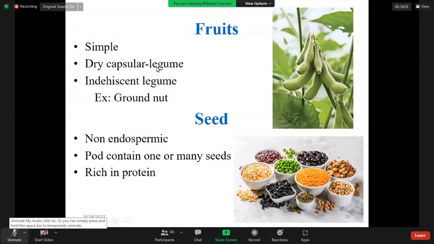We can see this in the dry capsular legume. Some other legumes we call indehiscent legume, and the best example is the groundnut.